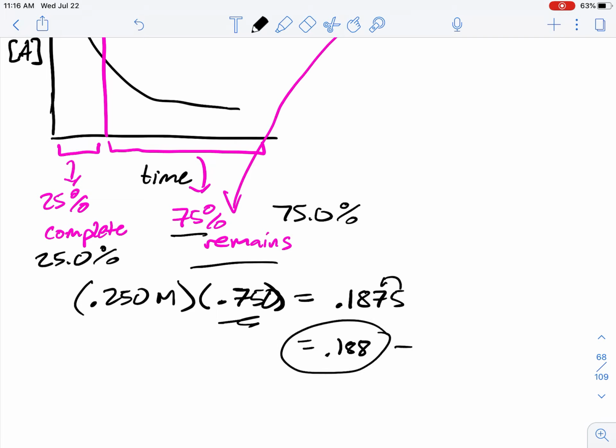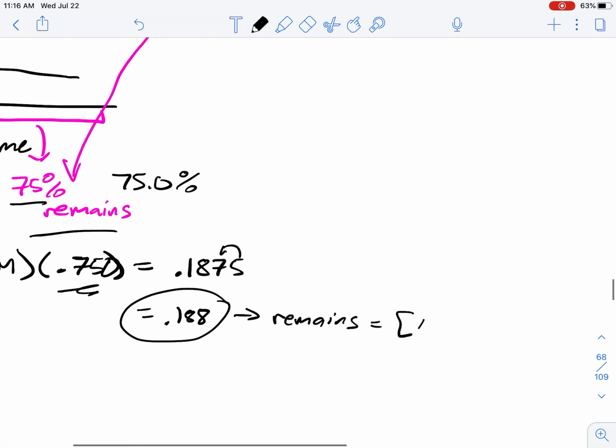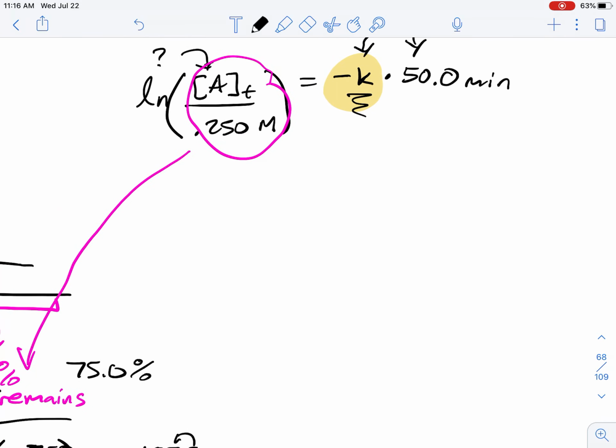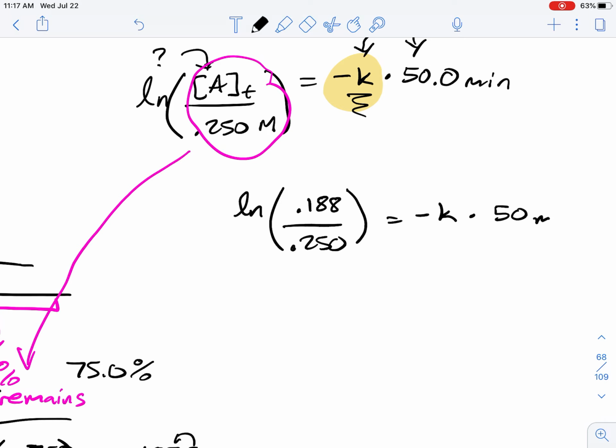This is the concentration that remains, which represents the concentration of A sub t. What I really have is the natural log of 0.188 over 0.250, and that's equal to negative k times 50 minutes.